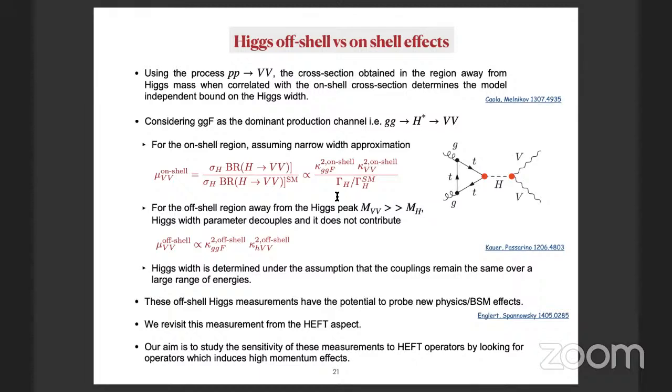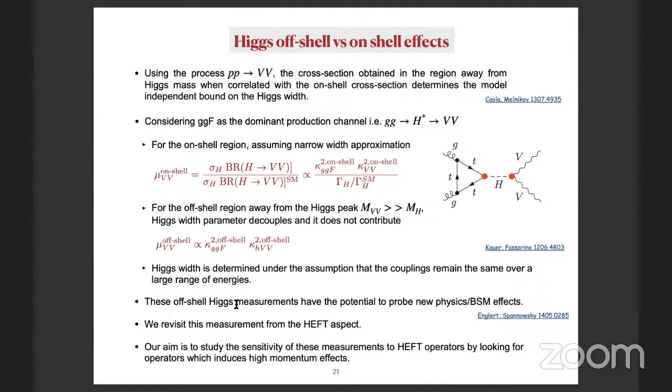But as soon as we go to the off-shell region, when the invariant mass of the gauge boson pairs becomes much greater than the mass of the Higgs, in the Breit-Wigner distribution the Higgs width completely decouples, and you can write the signal strength as proportional only to the production couplings as well as the decay couplings.